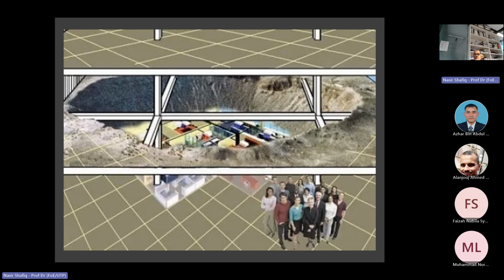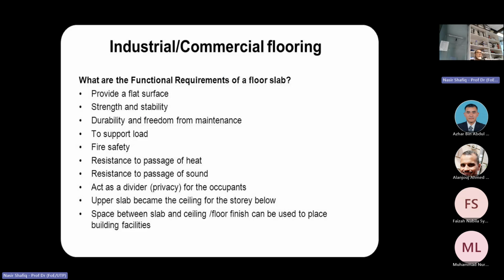Second, the tiling and the floor should not be cracked, it should not be damaged, right? So it should have sufficient strength, right? So strength, stability, should not buckle, durability and freedom from maintenance, right?